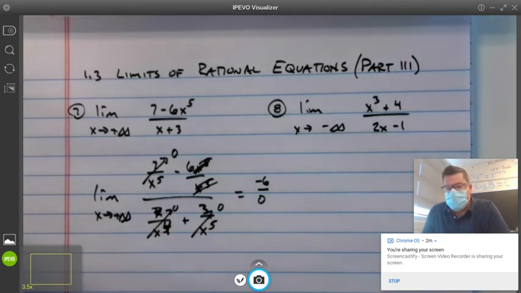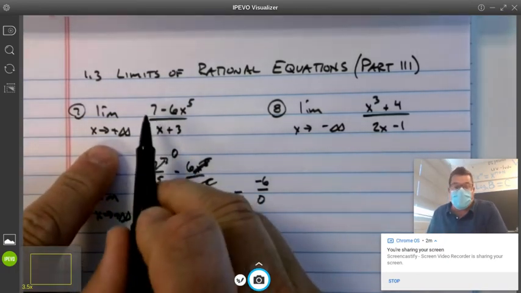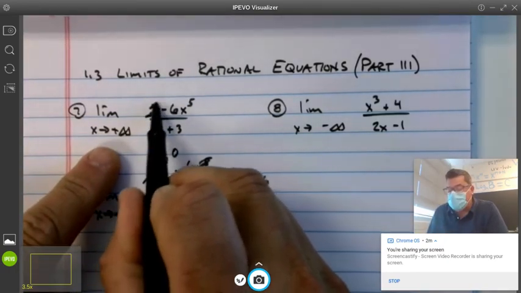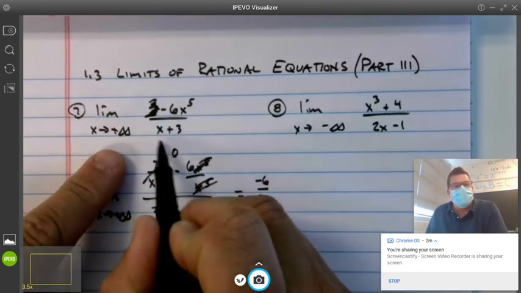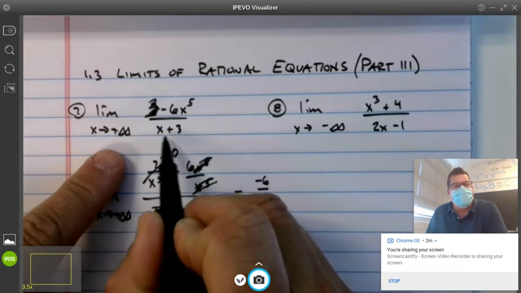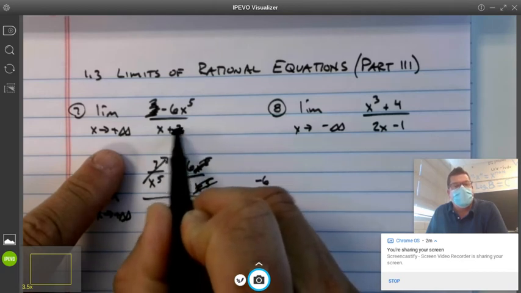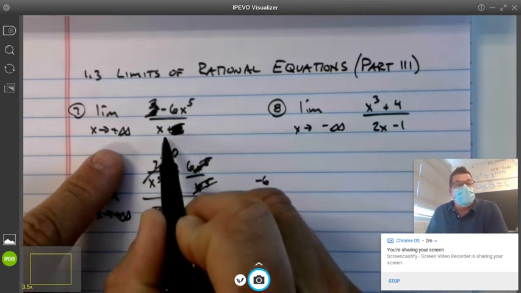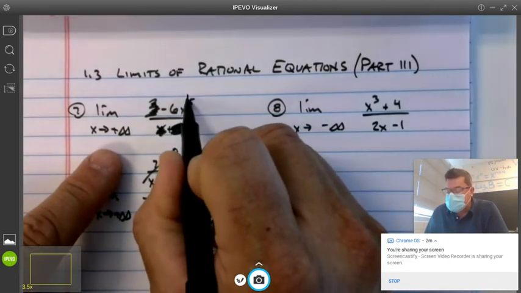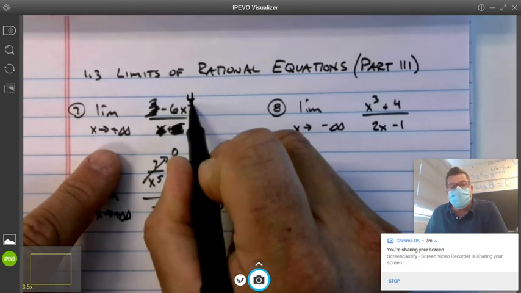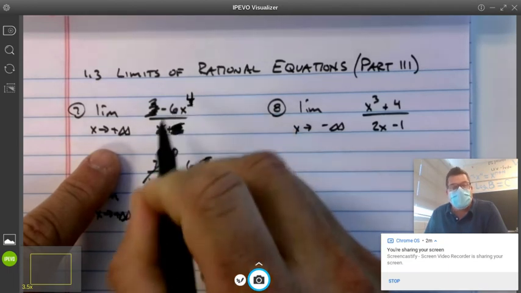The Smith method is: it only behaves like the highest power of x on top, so that's gone. If it was a polynomial in its own right on the bottom, it would only behave like the highest power of x. Then one of these x's cancels with one of these x's, and you're left with -6x to the fourth.